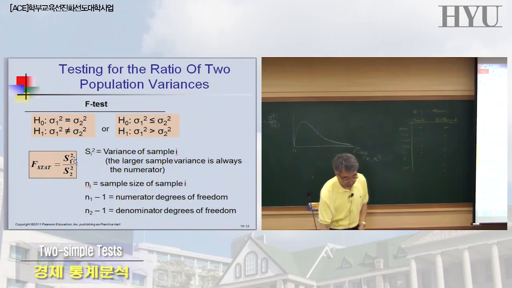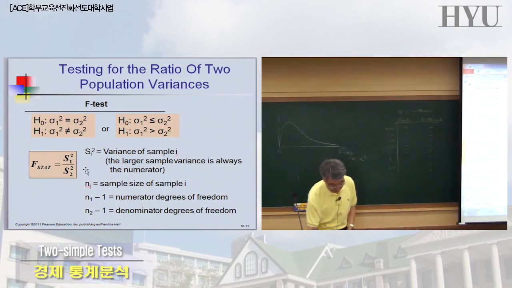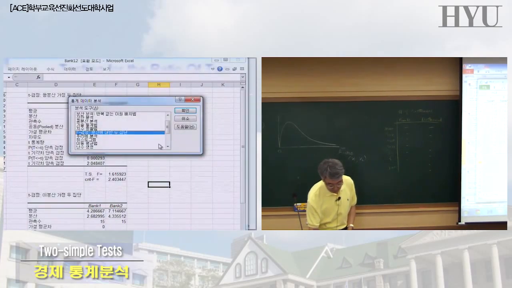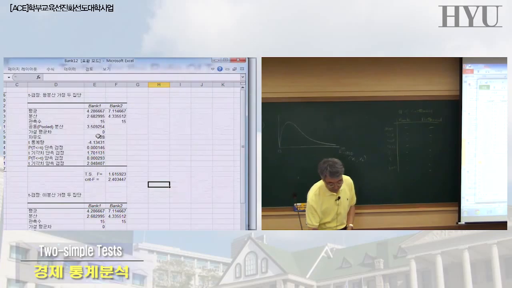So, for example, if you look at this printout, Excel calculates the variance from the first sample and the variance from the second sample. So you would always put 4.33 on top and use it as the numerator, and 2.68 as the denominator.